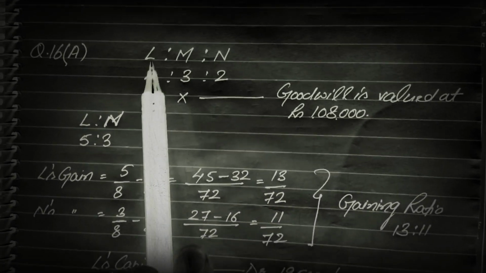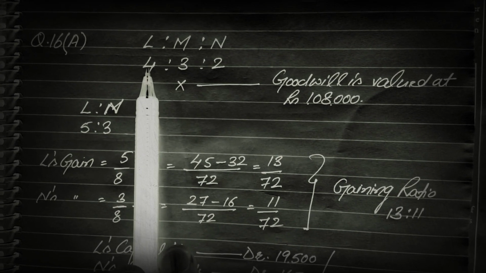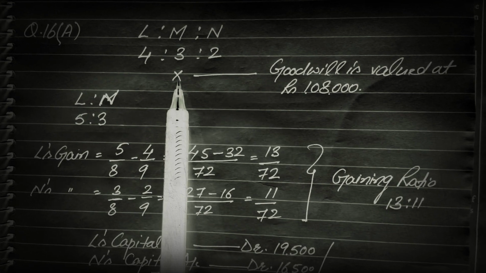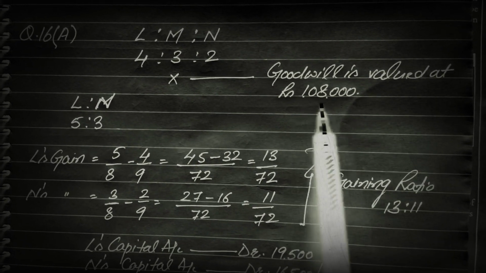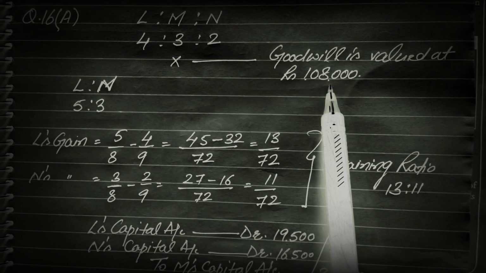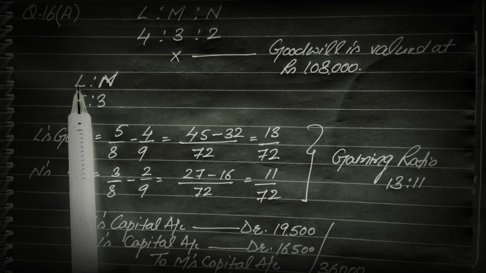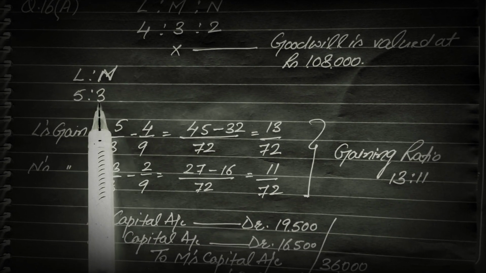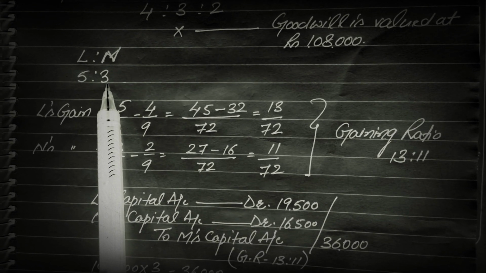If we brief up the question, we have three partners L, M and N. The profit sharing ratio is given as 4:3:2. M is going to retire from the firm, and at the time of M's retirement, goodwill is valued at rupees 1,08,000. We also have L and N's future ratio, that means the new profit sharing ratio among L and N, that is 5:3, and we are required to give the journal entry for the treatment of goodwill.